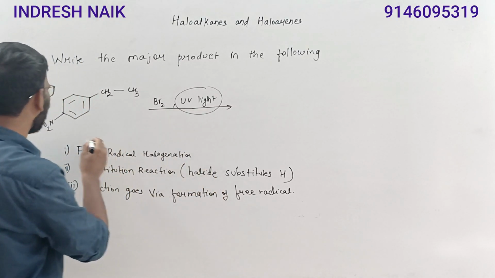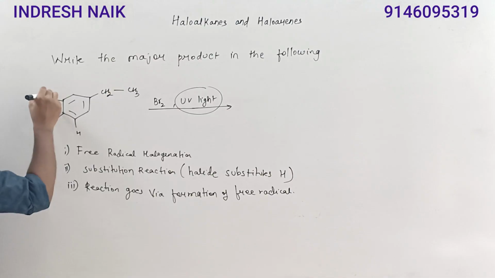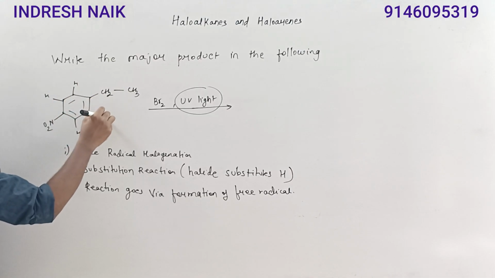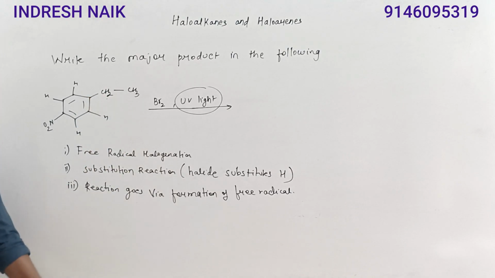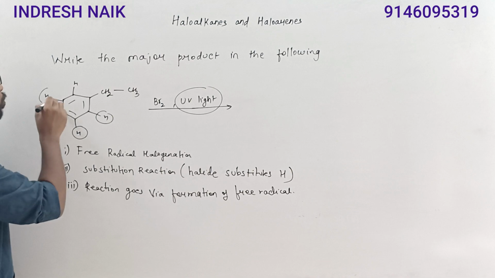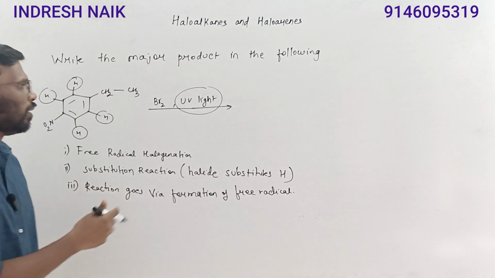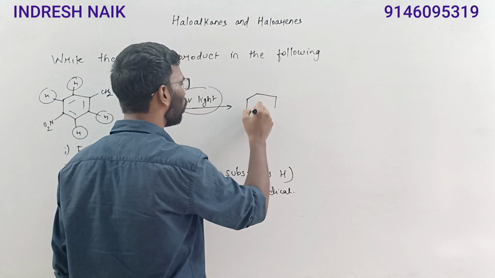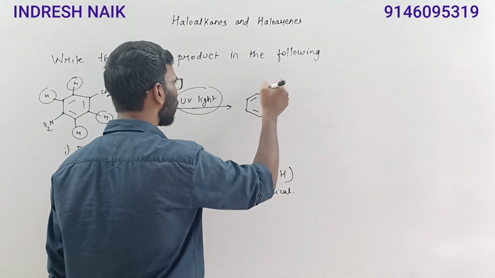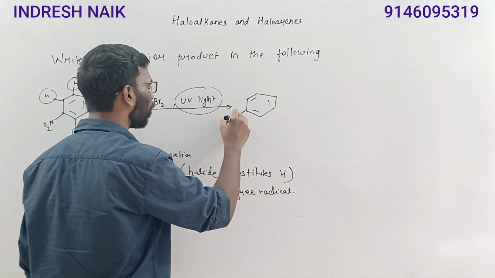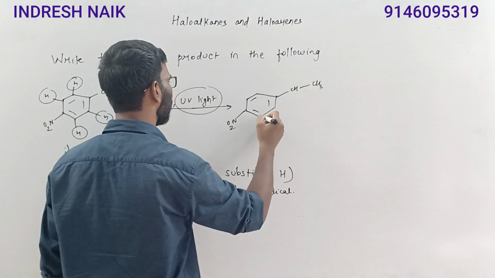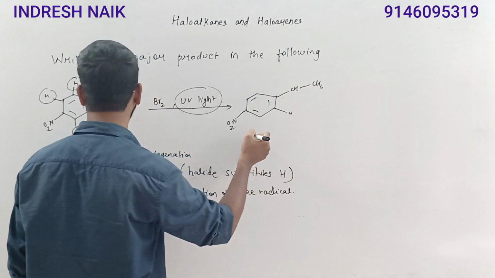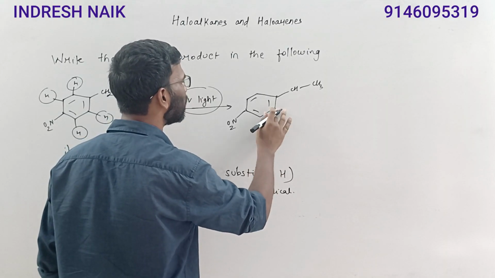You can see there are hydrogens over here also. Is it going to replace this hydrogen or this hydrogen or this hydrogen? Always remember that if it is doing a substitution over here, it is impossible over here. Why? Just imagine that a free radical is formed over here. I am just writing the possibility, not the final product. I write CH3, let's say one of the hydrogens, there are hydrogens, and the free radical is created over here.